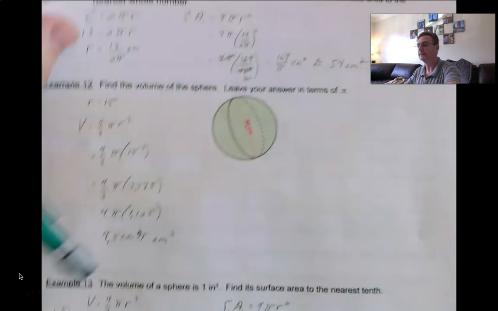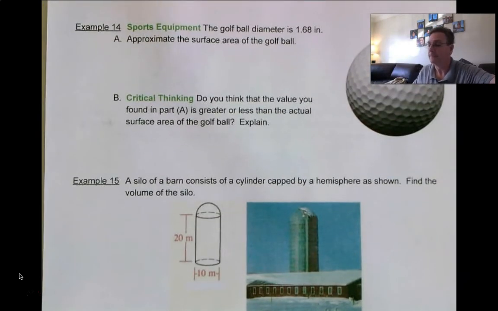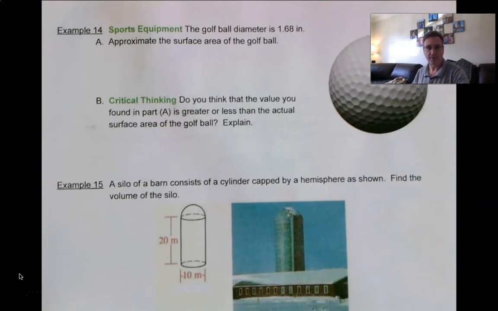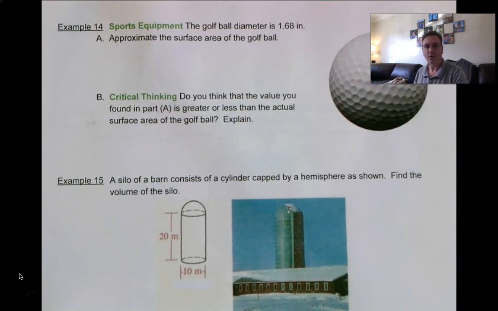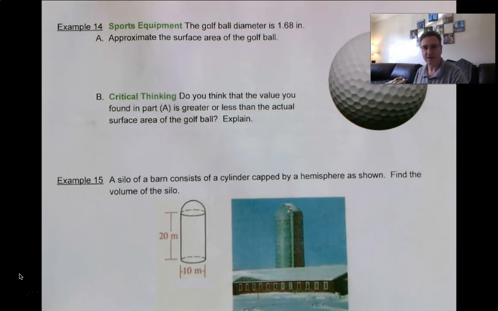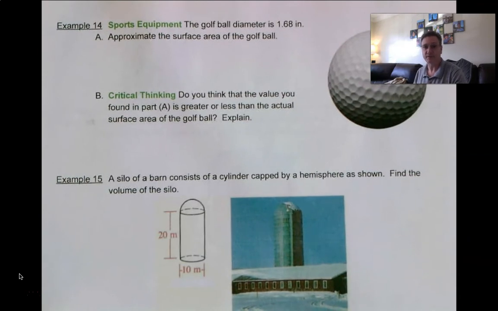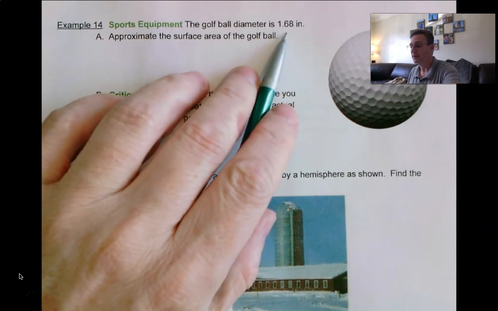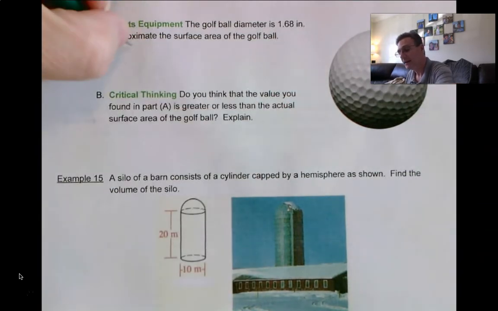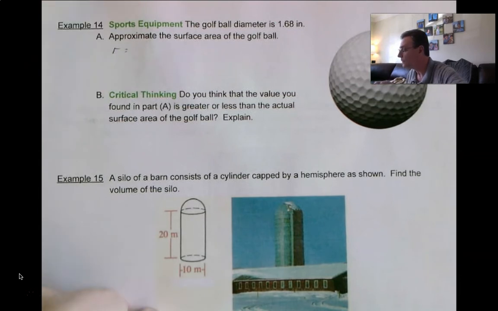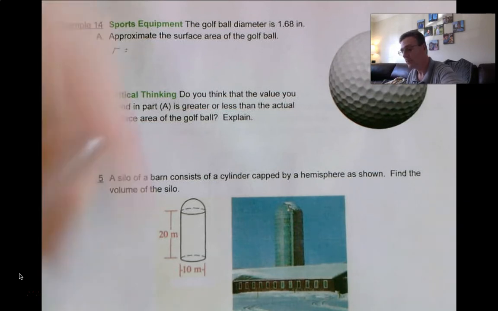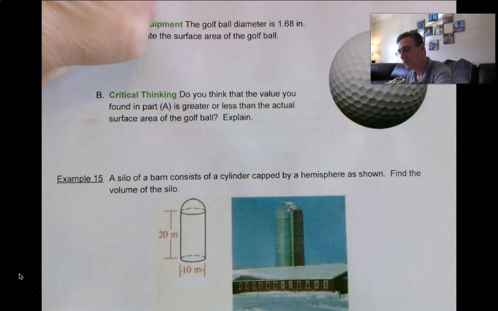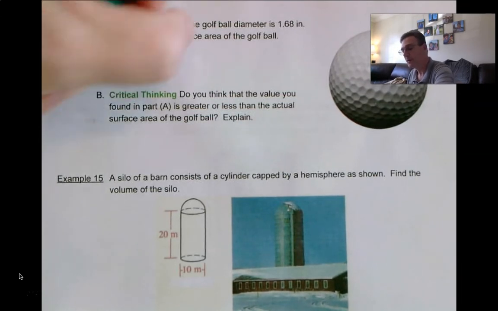That was 13. Problem 14. Sports equipment. The diameter of a golf ball is 1.68 inches. Approximate the surface area of the golf ball. If the diameter is 1.68, then the radius is 1.68 divided by 2, 0.84 inches.